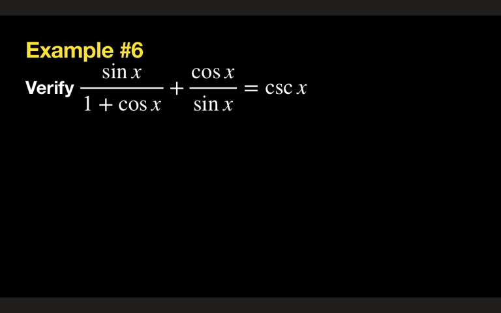So the first thing that I'm going to do right here is multiply this side by 1 plus cosine x. And you're going to do the same thing on this side, 1 plus cosine x. And then you're going to multiply the other side by sine x, sine x.